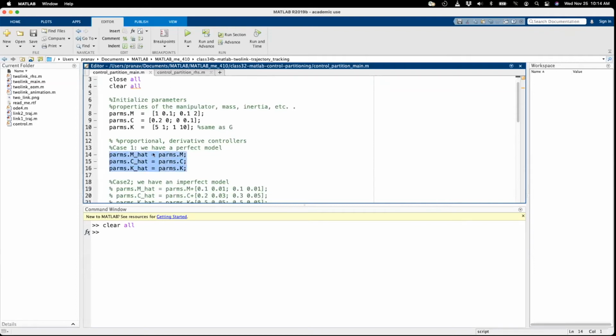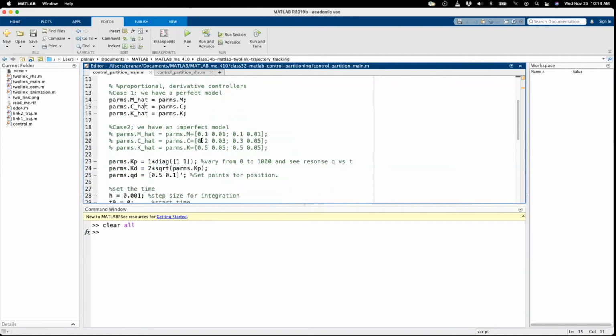So I'm going to do two cases. One is the case where we have a perfect estimate of the mass matrix, so M hat is simply M, and C hat is C, and K hat is K. And then I'll show you what happens if the model is imperfect. What I essentially have here is the critically damped system. So you can see Kp is simply a diagonal matrix. It looks like this: 1, 0, 0, 1.